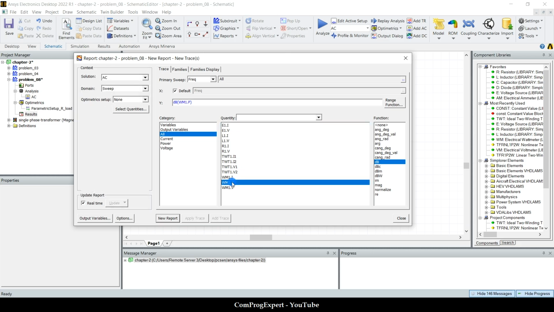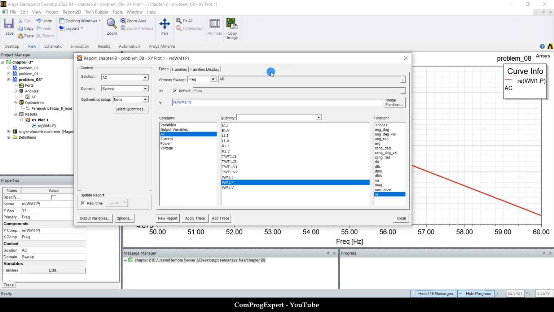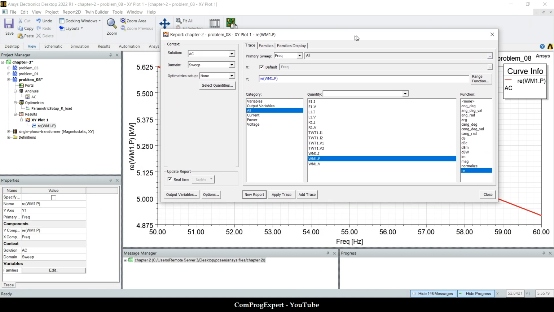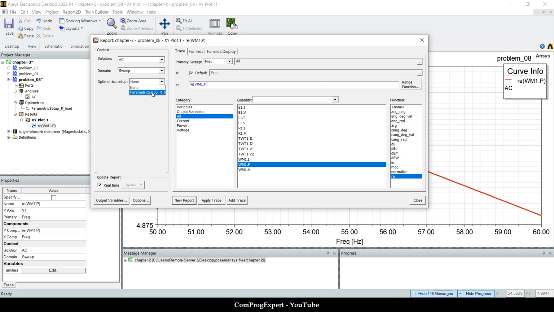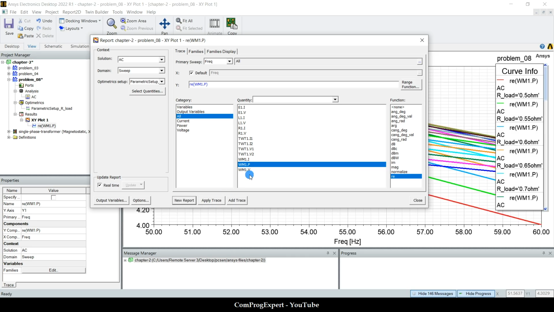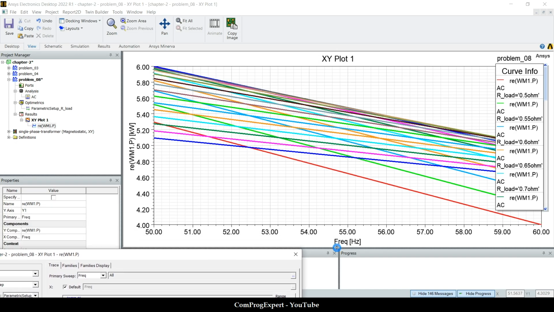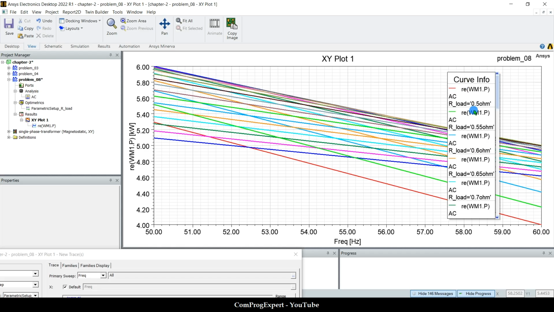Now we can generate this rectangle plot. So this is the load power. Let's generate the graph for the real part. The real part of the power is the active power. So here, this graph is the power versus frequency. I need to select the parametric setup one. As you can see, the x-axis is frequency, and we calculated the power for different values of the R load.